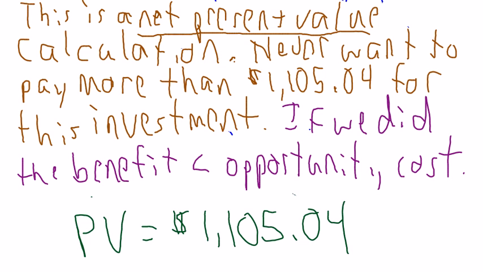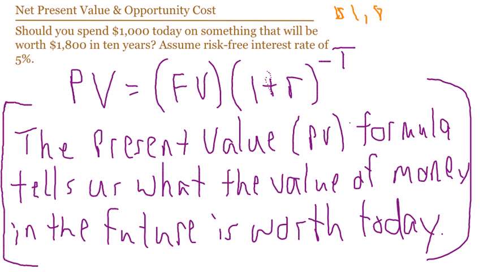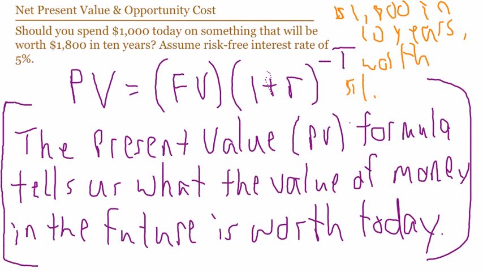In this nifty formula, present value equals the future value times 1 plus R, the interest rate, raised to the negative t, the number of years. And this present value formula tells us what the value of money in the future is worth today. For instance, $1,800 in 10 years is worth $1,105.04 today.